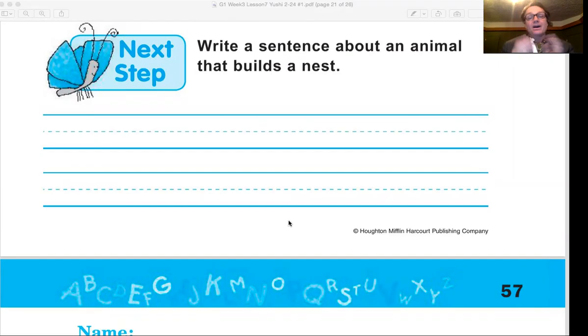Okay, we're back. I hope that you wrote a good sentence. Animals that build nests are amazing. Many of us would describe a bird, and that would be really good if you described a bird. I'm going to describe a bird.